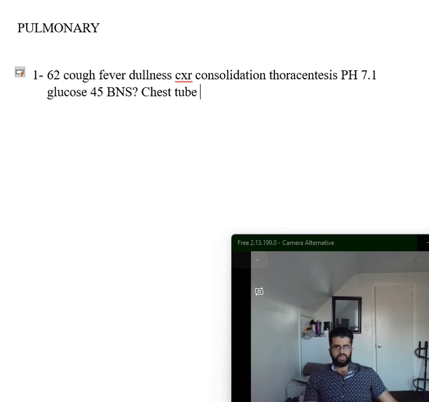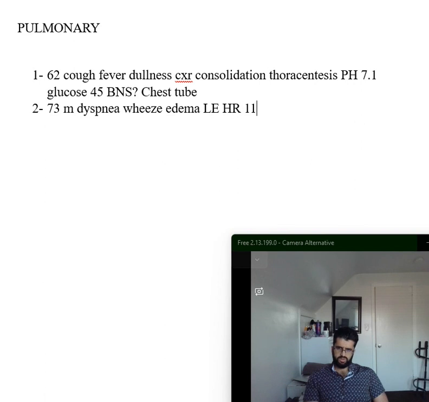So now there is another case. That was the good thing about the pleural effusion. Another case scenario, you see a 73-year-old man who came in with dyspnea, right? And JVD of 7 centimeters H2O, okay, a little bit elevated. There's wheeze, there's edema in the lower extremity, heart rate is 114, there's some hypoxia, 89 on room air.